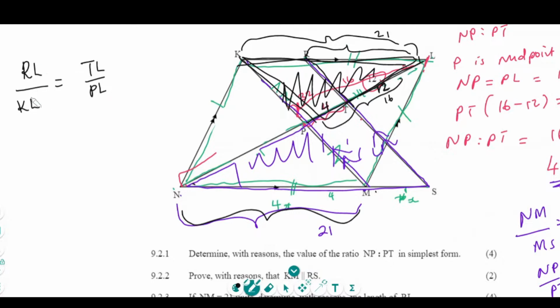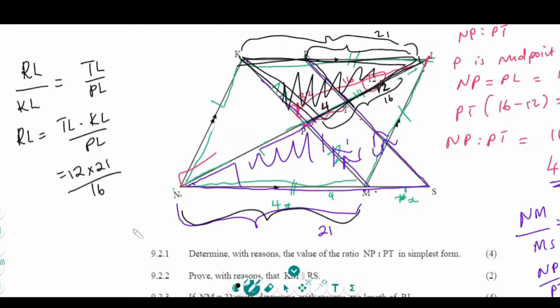Then I will make RL the subject, which means it's TL times KL over PL. So our TL is a 12 times the KL, where KL is 21. We're dividing it by PL from there up to there, which is a 16.